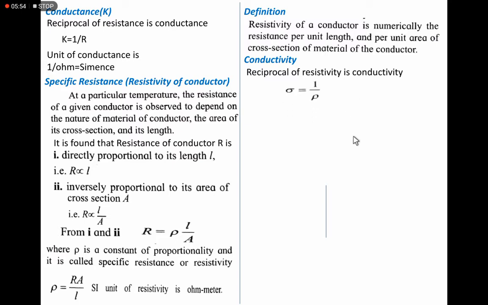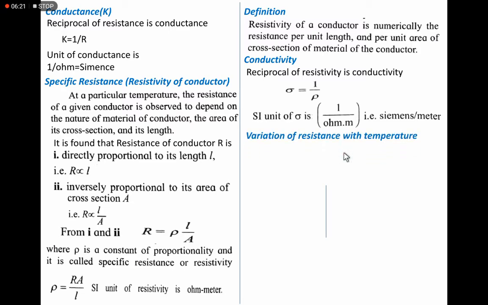So we'll write sigma is equal to 1 by rho. The SI unit for sigma is 1 by ohm meter. The specific resistance unit is ohm meter, so 1 by ohm is Siemens per meter. This is the SI unit of the conductivity.